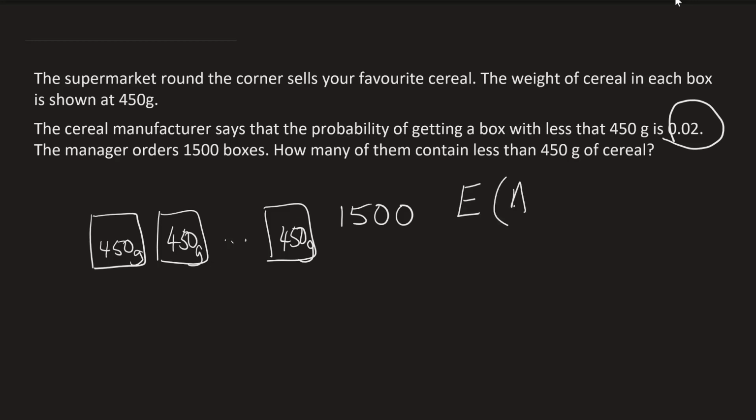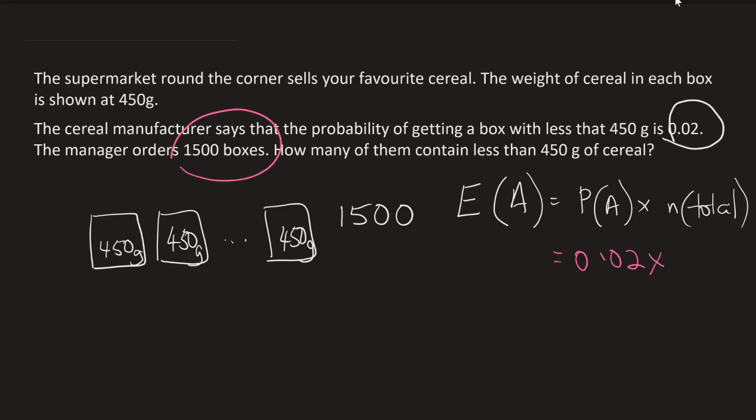So the expected number of something is the probability of that thing multiplied by the total. The probability is 0.02 multiplied by the total number of boxes, which is here, 1,500, and the answer is 30.